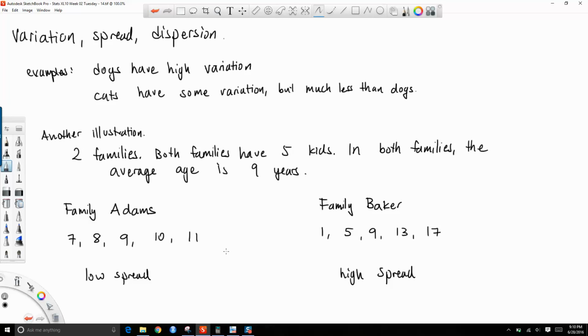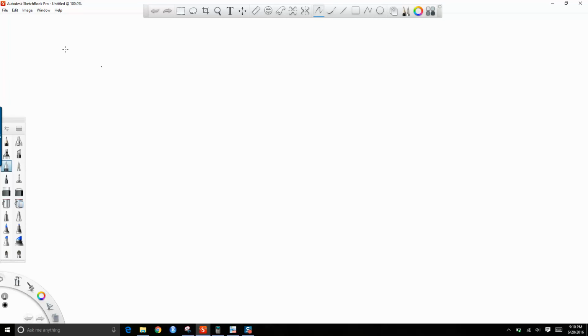Okay, so the standard deviation, and there's the statistic, the variance. Okay, so the variance and the standard deviation quantify the amount of spread.